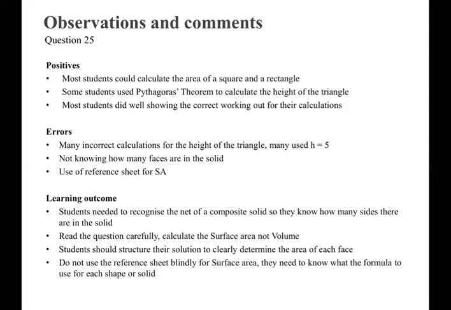So we really need to make sure our kids know the net of a composite solid, so they know how many sides there are in that solid. They really need to make sure they're reading the question carefully, making sure they're doing surface area, not volume, and underlining the key terms in the question.